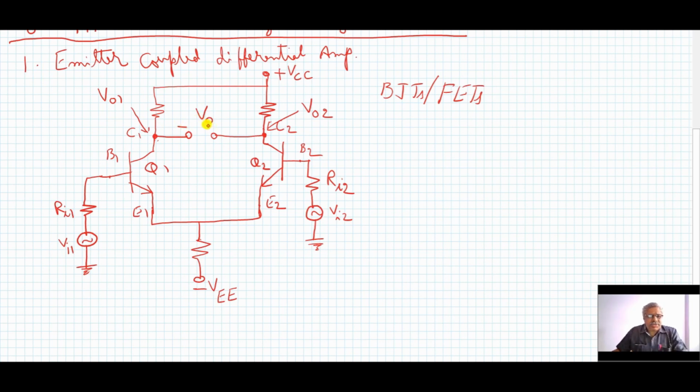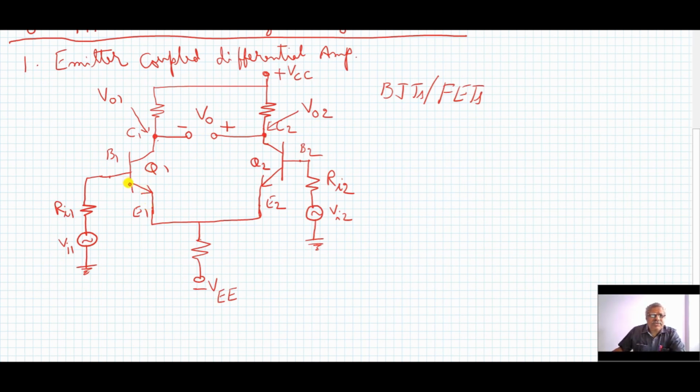At C1 it is minus, at C2 it is plus. The polarities of this V naught are arbitrarily selected as at C2 it is positive and at C1 it is negative. Indicates that C2 is at a little higher potential than that of C1. These two can be interchanged, but this is the notation everybody is following. So let us follow the same notation.